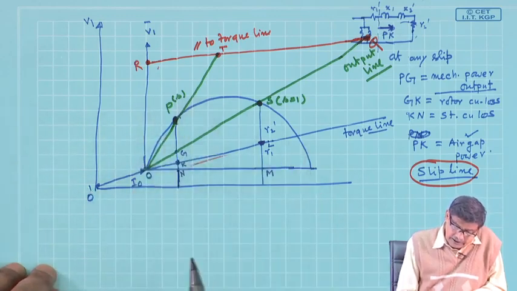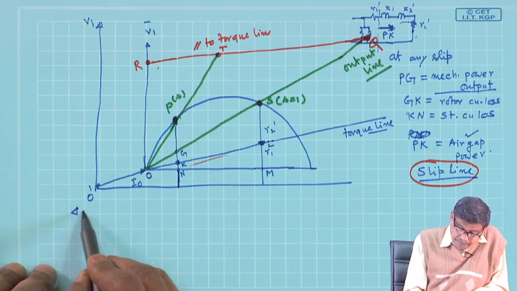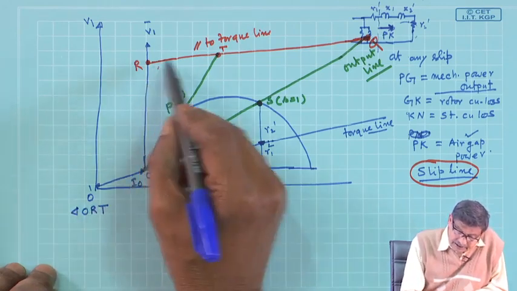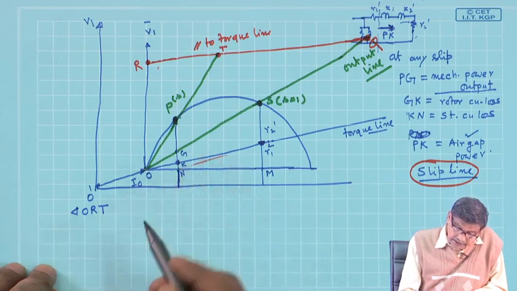So, consider 2 similar triangles, triangle ORT, that is this triangle, and the triangle OPG.